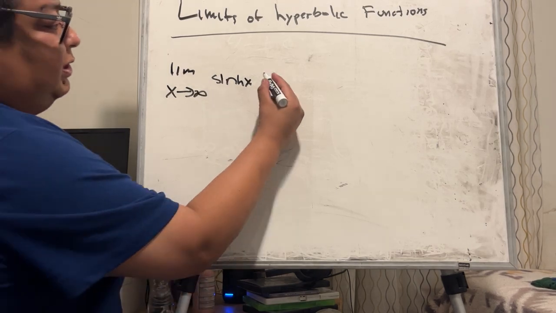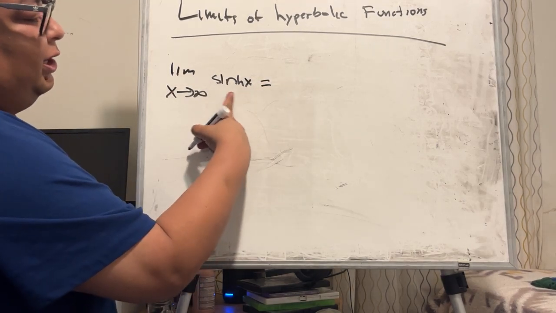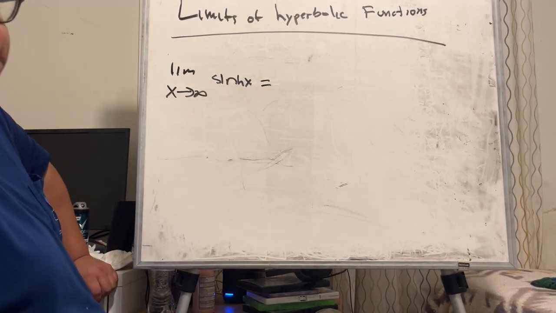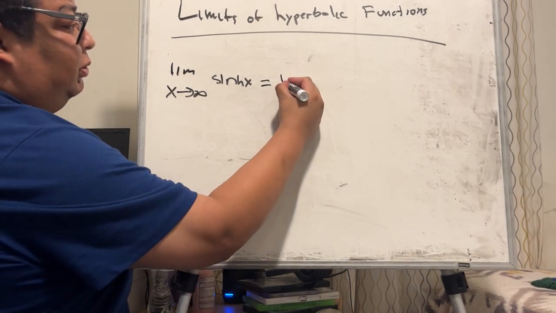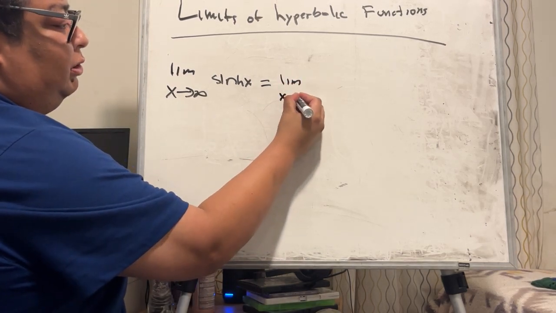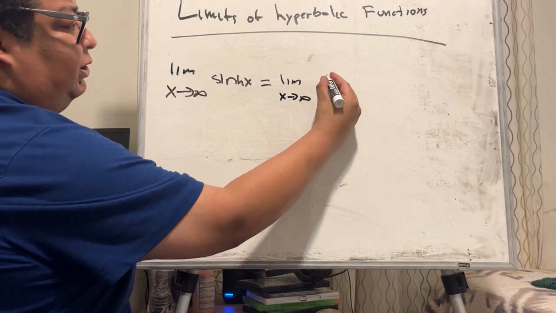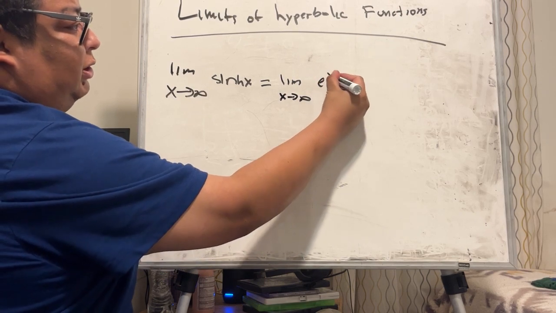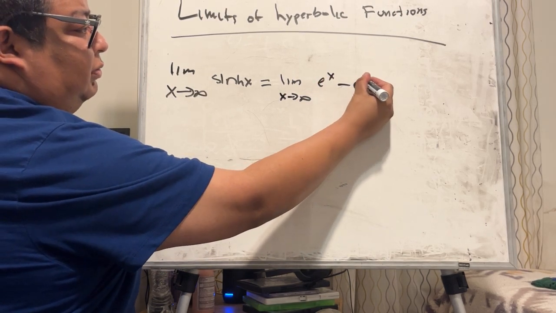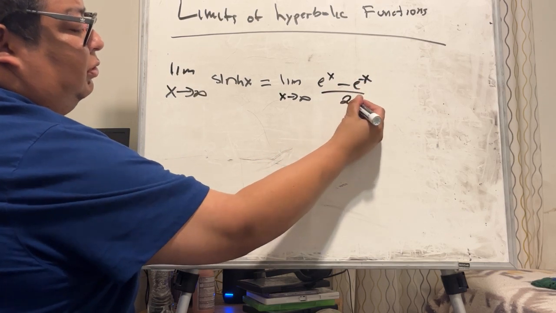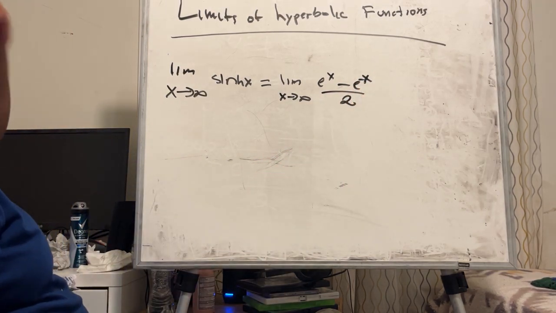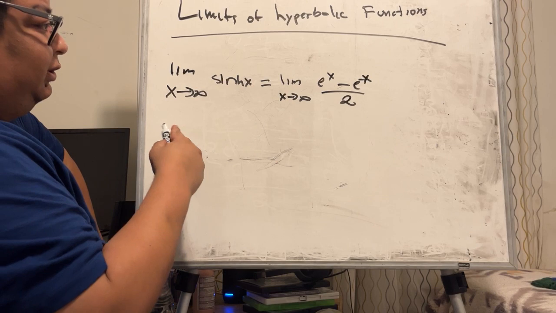The way we do this limit is we change the form of the hyperbolic function into exponential. So we go like this: the limit as x approaches infinity of (e to the x minus e to the minus x) all over 2. Then we separate the thing.